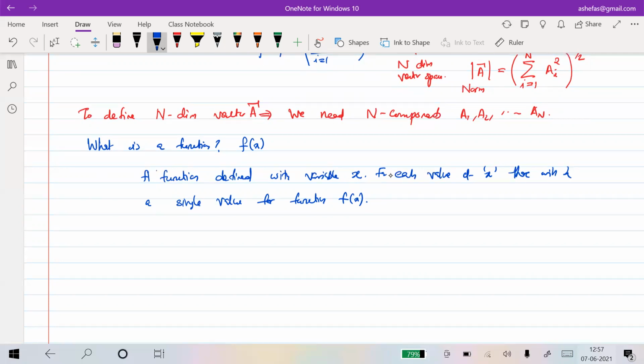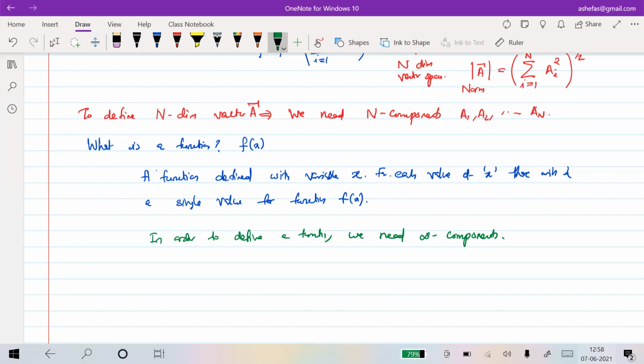All values of x means we have infinite points. So in order to define a function, we need infinite components. That means a function has infinite components. Then we can treat a function as a vector in infinite dimensional vector space.